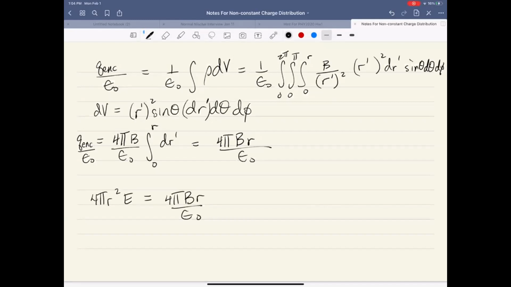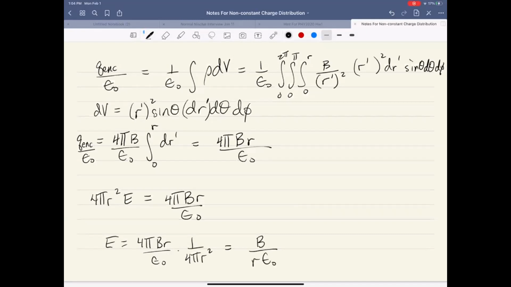Solving for the magnitude, my electric field is 4 pi br over epsilon naught times 1 over 4 pi r squared. You can see the 4 pi's cancel out top and bottom. The r up top cancels out one of the r's on the bottom. I end up with the expression b over r epsilon naught. So that's what my electric field is like inside.